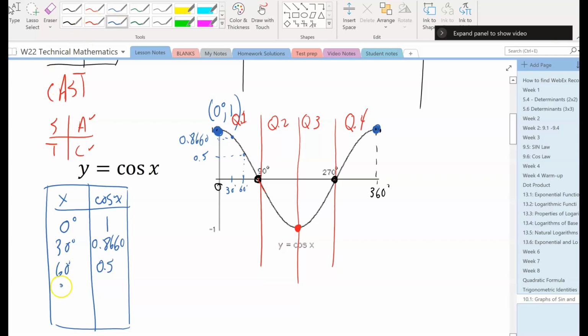If x is 90 degrees, we know that the cosine of 90 is 0, so we get a 0. And it's the same patterning if I do 30, 60, 90. You don't have to do 30, 60, 90, you can do any angles. I just wanted to show some specific ones.